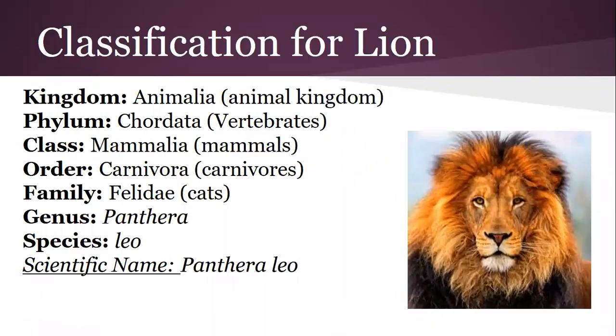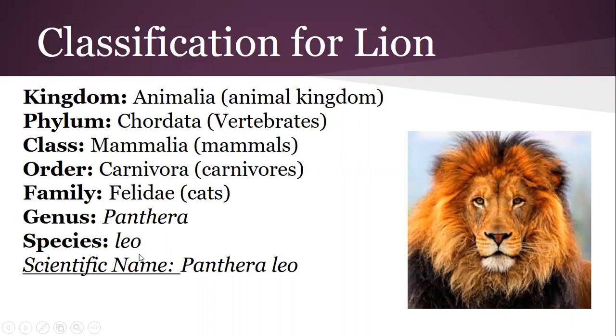Here's another one, going through Panthera leo, or the African lion. Obviously, it's an animal with a backbone that bears live young and nurses that young on milk. It eats meat. It is like a cat. It's like a very specific type of cat.